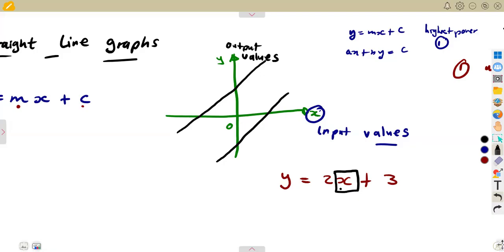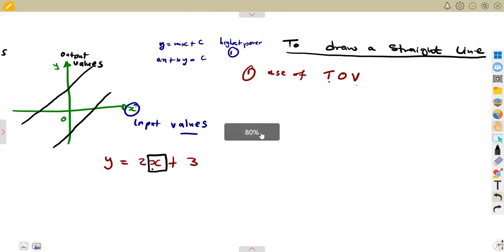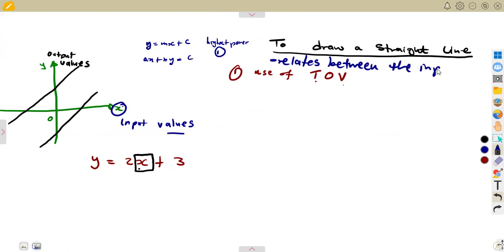So that is the use of the table of values. The table of values relates the input and output values, meaning the x and the y values.